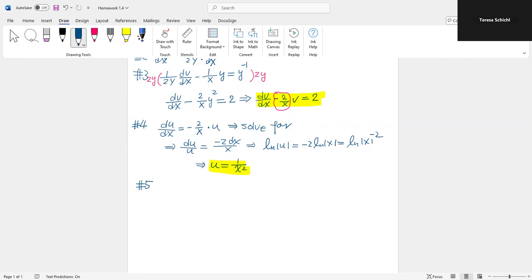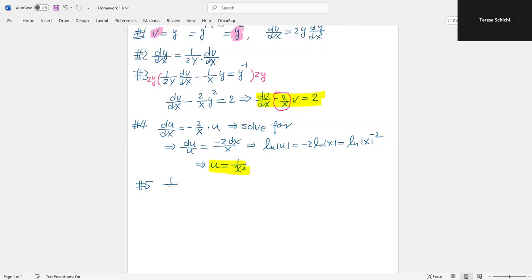So I need to multiply 1 over x squared times dv/dx minus 2x v, which is equal to 2 over x squared. All right, so let's start my color coding. I need to multiply this integration factor on both sides here.